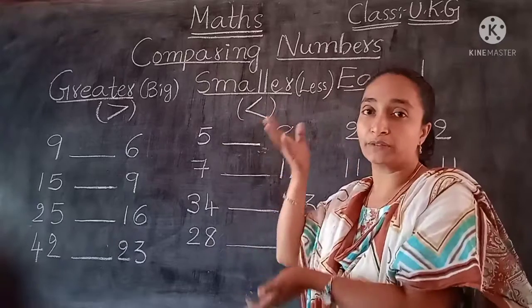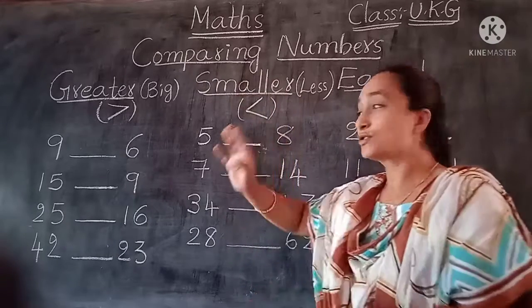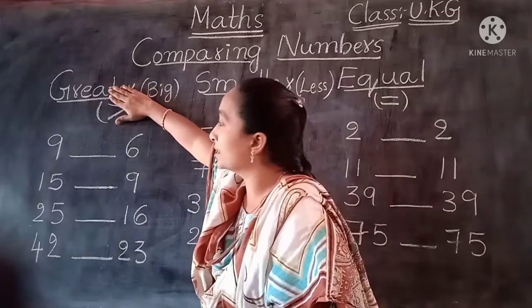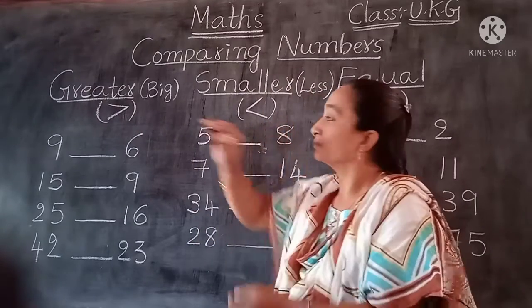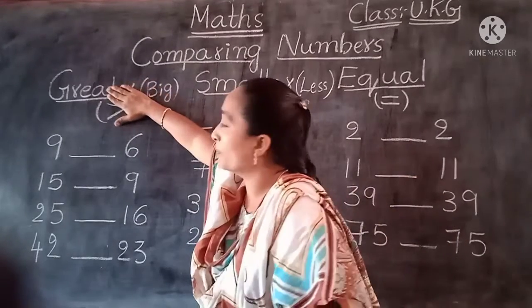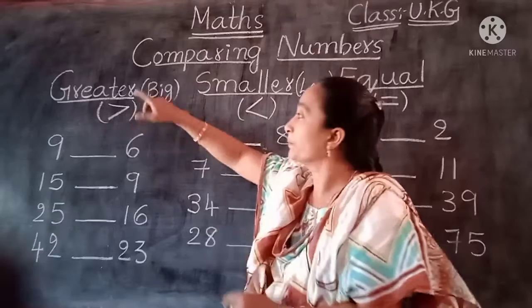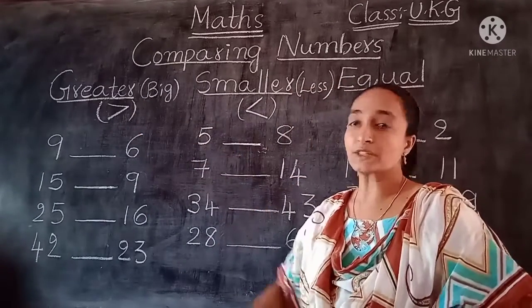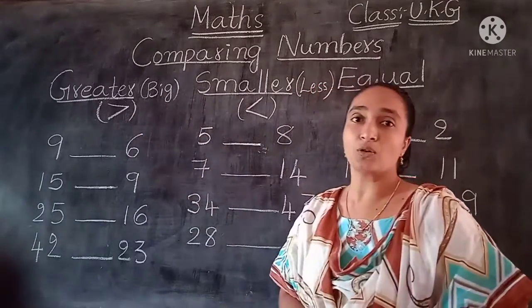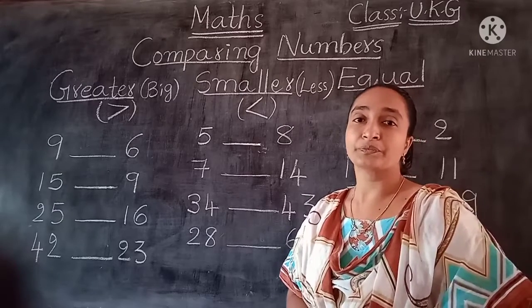The mouth of a crocodile is very big. So this symbol looks like a crocodile opening its mouth. The open side will be toward the greater than, big number side. Okay, children. This symbol we call greater than.